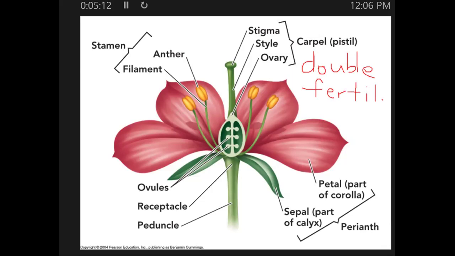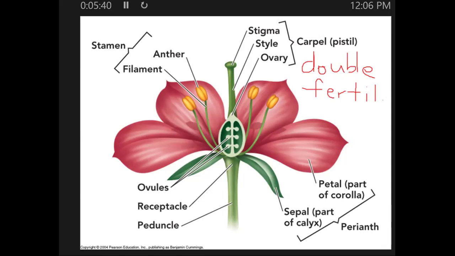So double fertilization is the idea where one of the sperm from the pollen will fuse with the egg, and then the second sperm fuses with those central cell polar nuclei. And then that will form the endosperm. So in double fertilization, both of the sperm are involved when you look at the angiosperm life cycle.